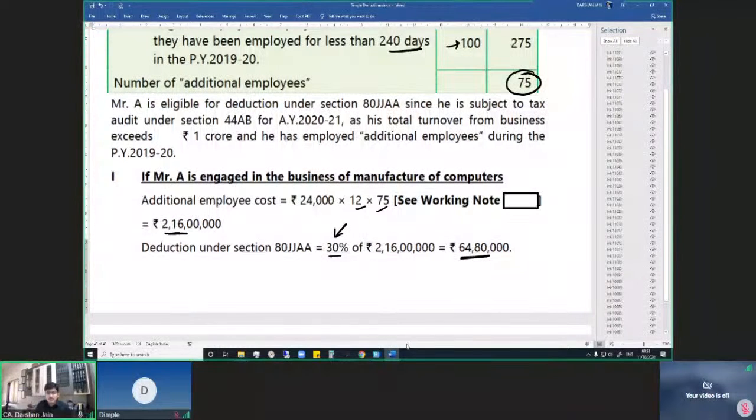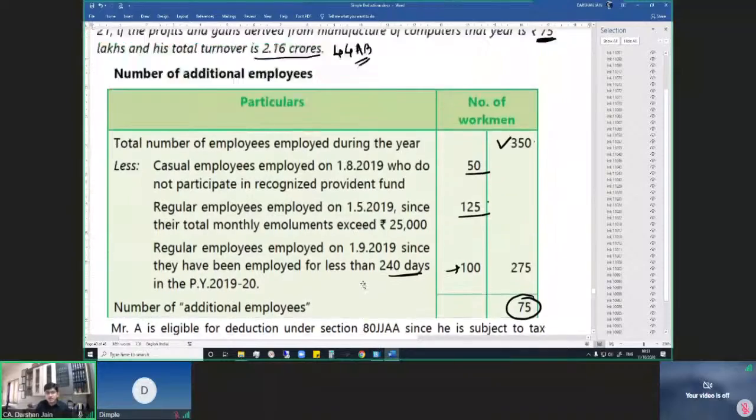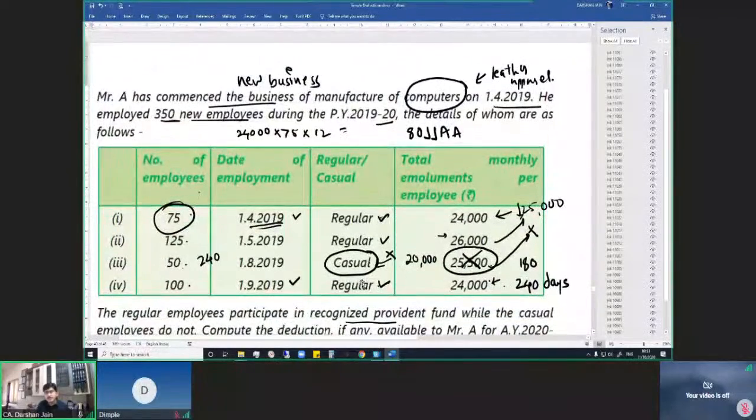Now assuming that Mr. A is not a computer manufacturer, but is engaged in either the apparel industry or the leather manufacturing industry, in that case this limit of 240 days would be reduced to 150 days, and therefore the last leg of employees which have been employed on 1st of September 2019, they would also become eligible for 80 JJAA.